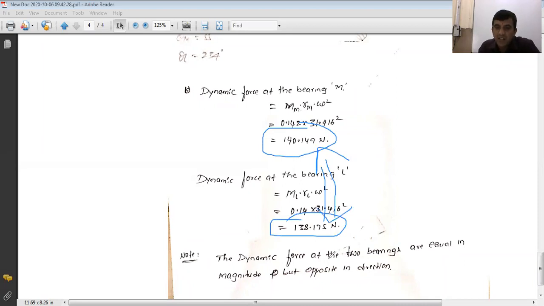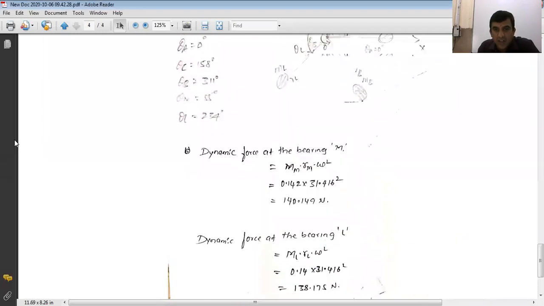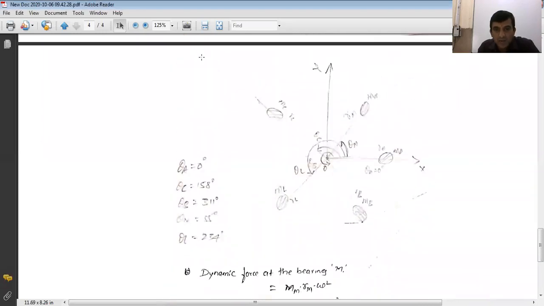The dynamic force magnitudes are equal. But what about the direction? Opposite in direction. Now if you draw the angular position here, M M will come here, 54 or 55 degree.